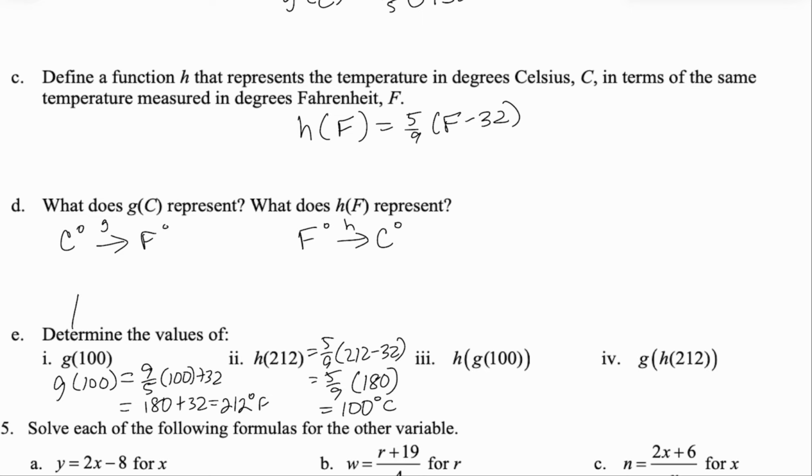This is the pair. g has the ordered pair 100 to 212. h has the ordered pair 212, 100. The x became the y and the y became the x.